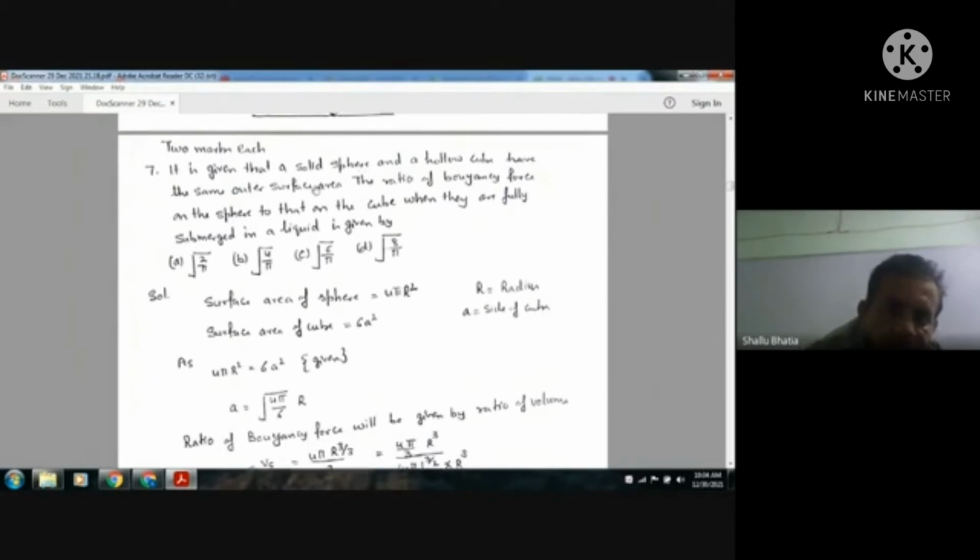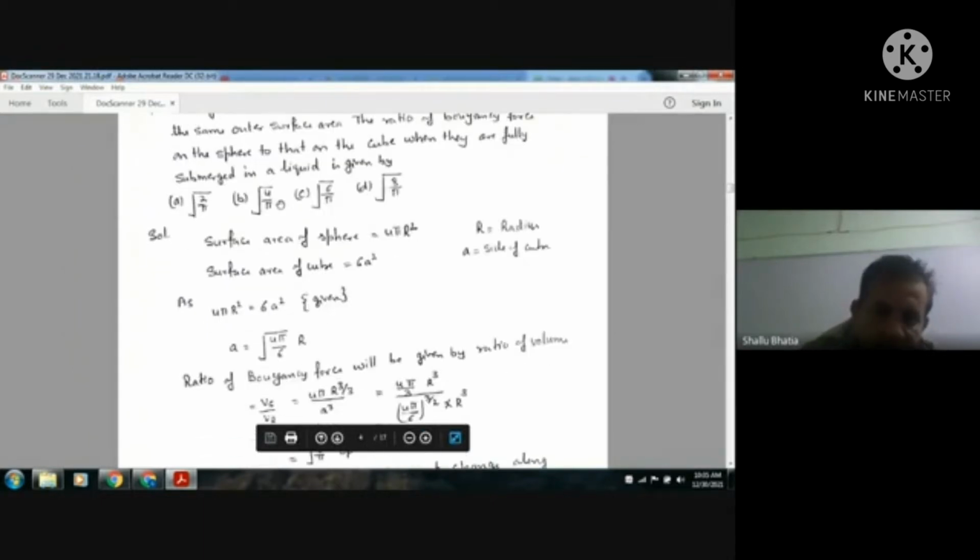Surface area of sphere is 4 pi r square and surface area of cube is 6 a square. Equating these two surface areas, we get a is equal to root of 4 pi by 6 times r.